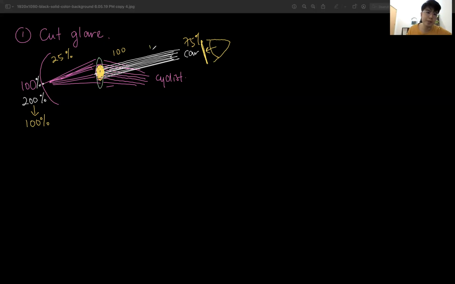It's reduced by 50% because it goes from unpolarized to polarized. If you want to polarize it, the intensity will reduce, minus 50%. So this reduces the glare at night. So that's the first one, to cut glare.